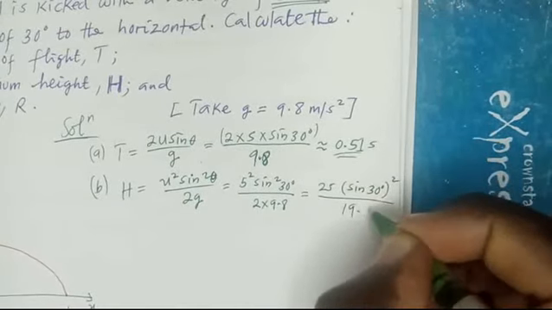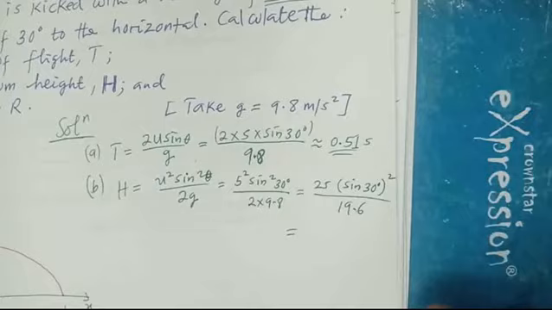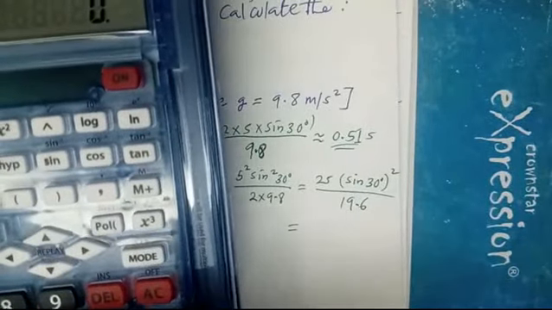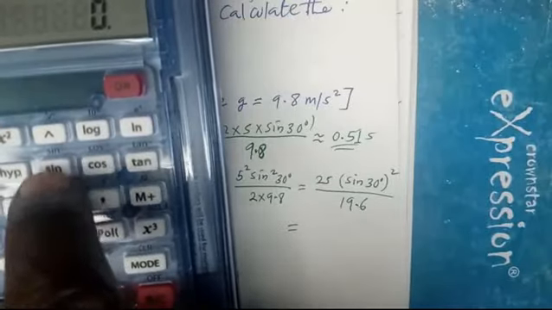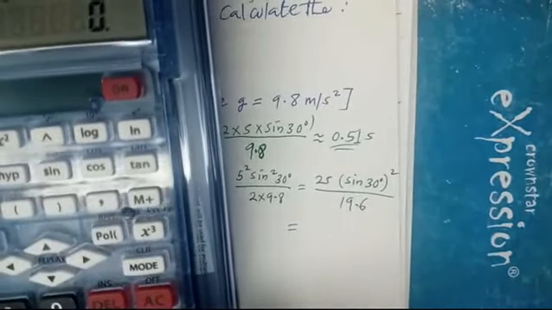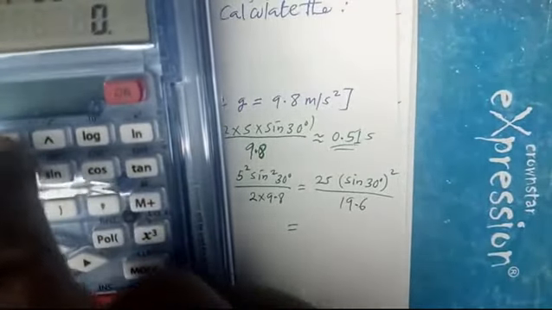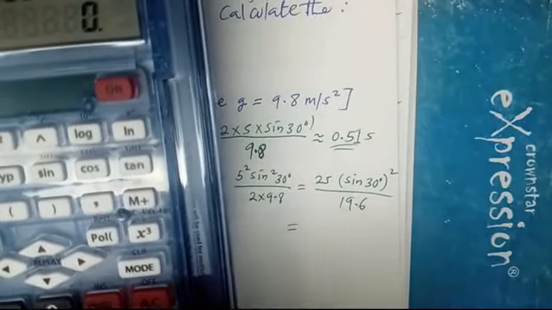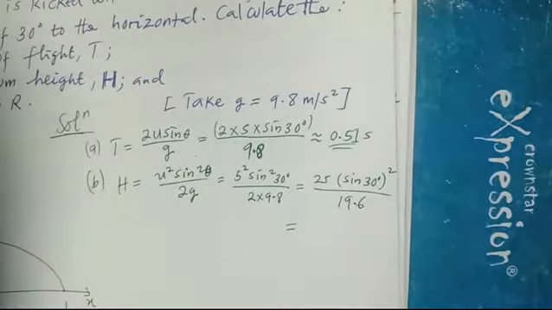Then you press 25 open bracket sine 30 close bracket, square it, divided by 19.6, and press the equals sign.